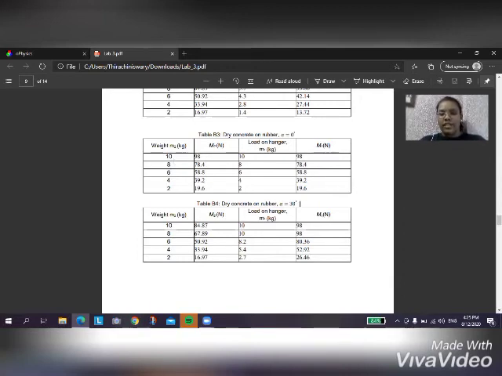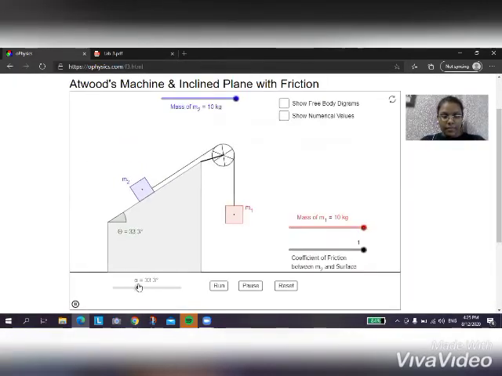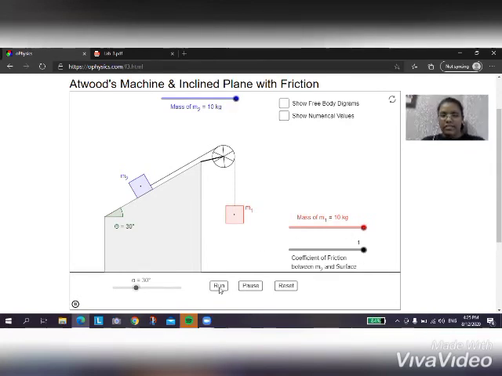What if I change the angle to 30 degrees? When I change the angle to 30 degrees and set M2 to 10 and run the simulation, it's still not moving. So I decrease the mass of M2 to 8 kilograms and run the simulation, still not moving.